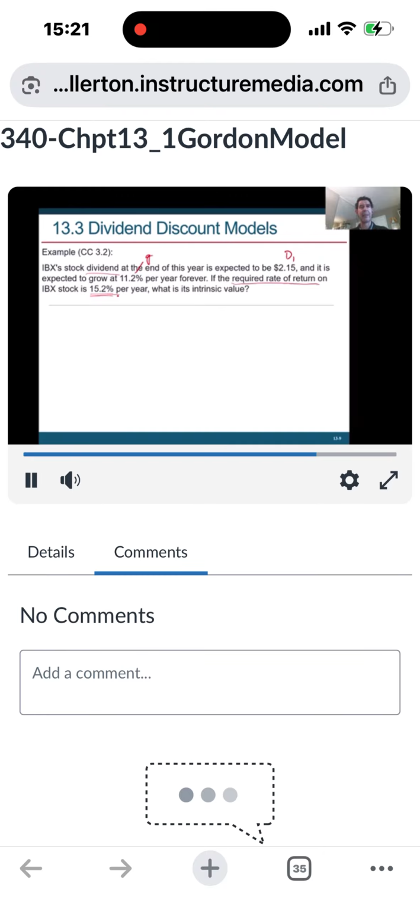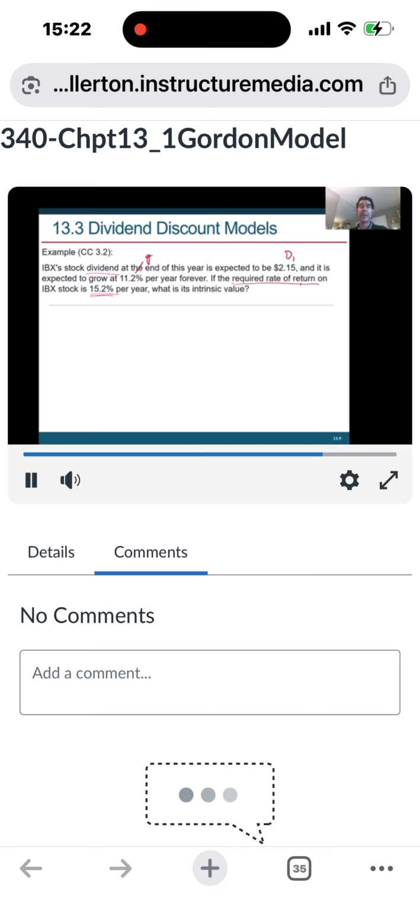So again, think of the market capitalization rate, at least in the context of this chapter, as coming from CAPM. That's what, according to CAPM, is reasonable, or you might say that's what the market expects out of this stock. Or another way to say that is the required rate of return. This is what investors would require, or what investors would want to see.